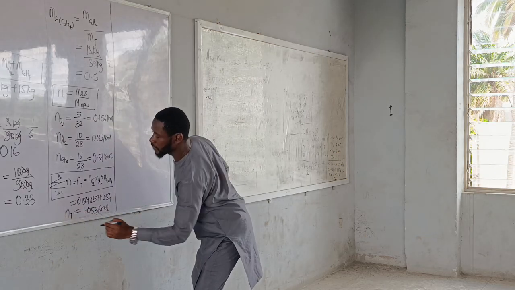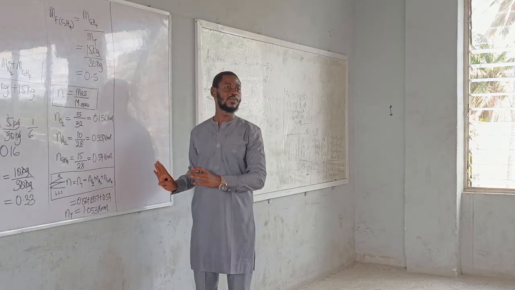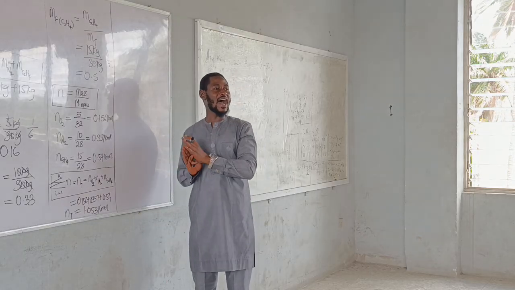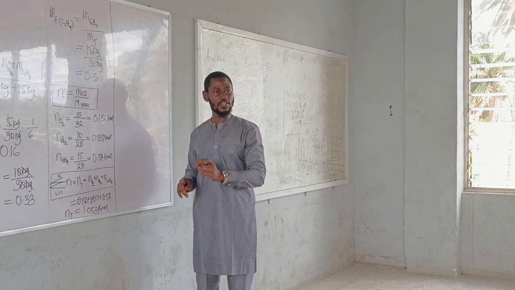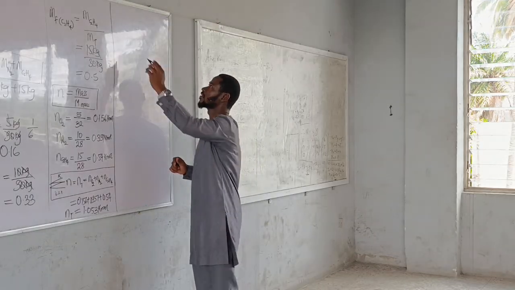That is NT value. Now, we are not yet there. So we need to go back to what we are asked to determine from the question, which is the mole fraction of each of the constituents.